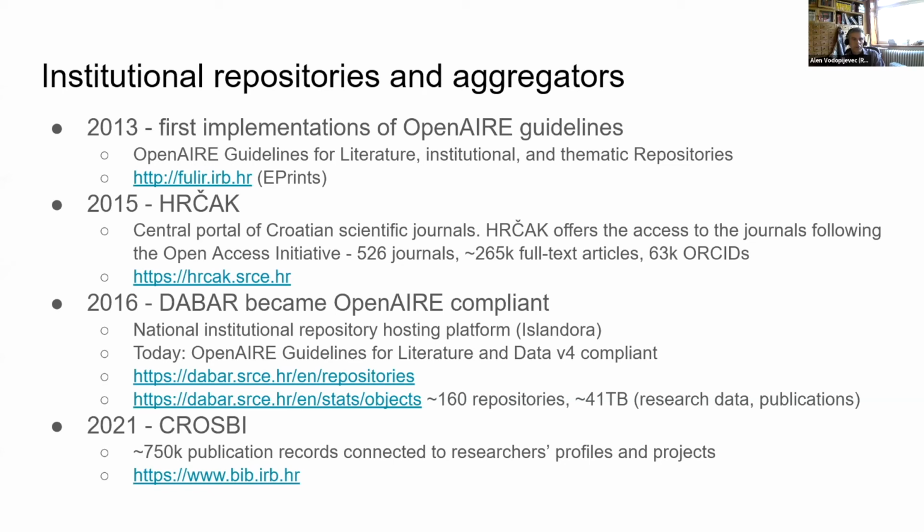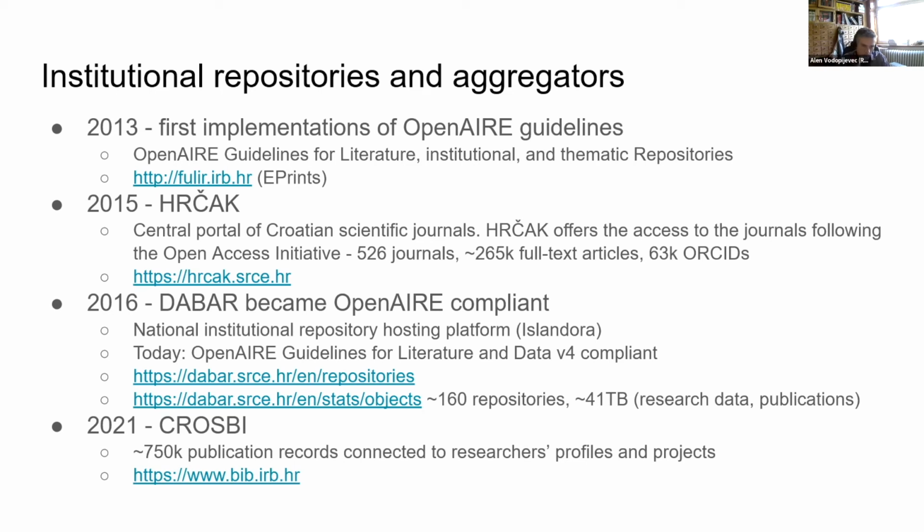And also we can see that almost 160 repositories are compliant with version 4 of the OpenAIRE guidelines for literature and data. So this is an example of one centralized infrastructure that can easily implement the solutions for a large number of repositories.